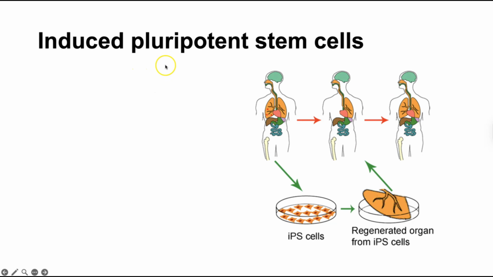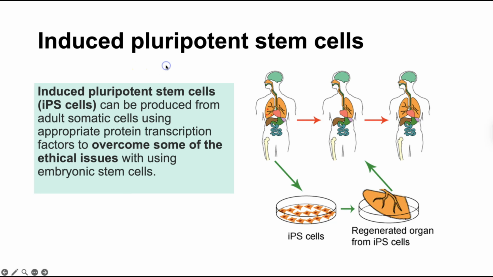Now, induced pluripotent stem cells, this is something that has been produced scientifically from adult body cells. Somatic cells means body cells, using appropriate protein transcription factors to basically ensure that all genes can be transcribed again. And therefore, it makes it pluripotent in property, even though you might have taken a multipotent or a unipotent stem cell.